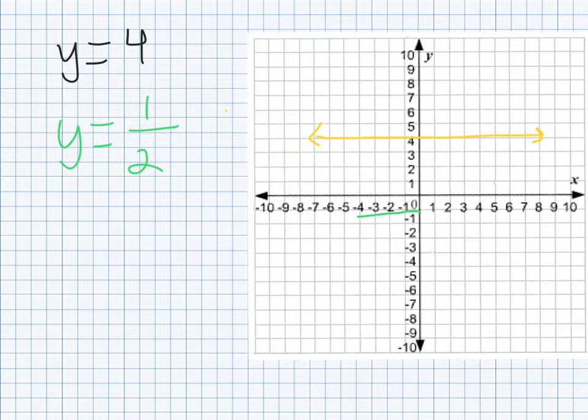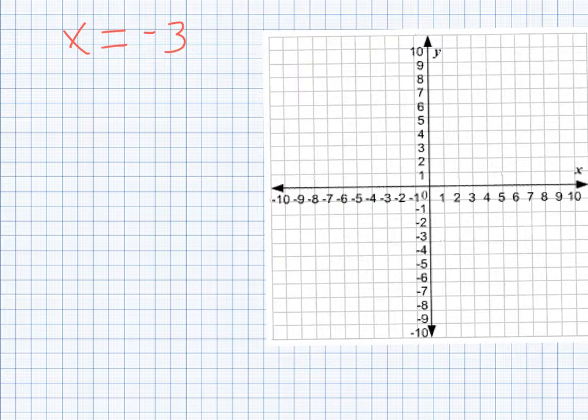Oh sorry, I put it on the wrong one. It goes right about right there. I made it too high, but it should be at the halfway mark. So that gives you working with the y's.